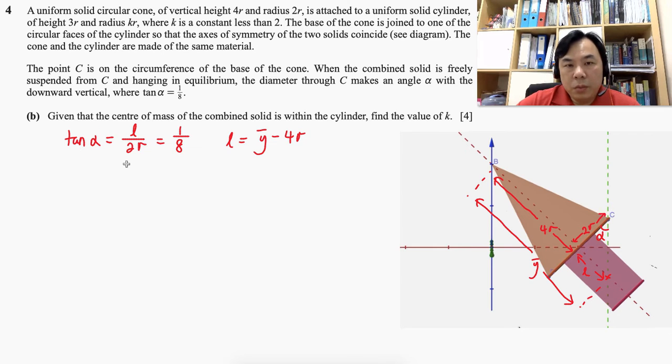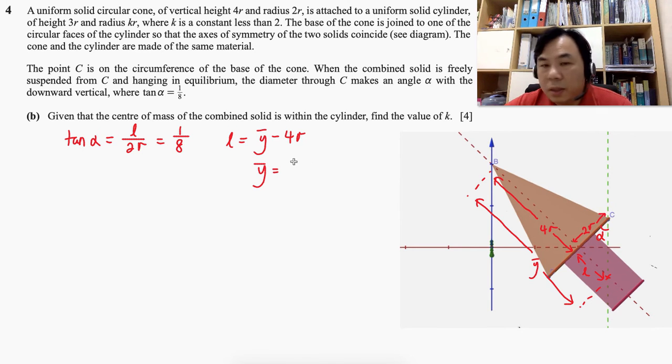Previously we have already found y bar, so I'm going to write down y bar again. Let me refer to the answer one more time. We have (99k square plus 96) over (18k square plus 32), times r.